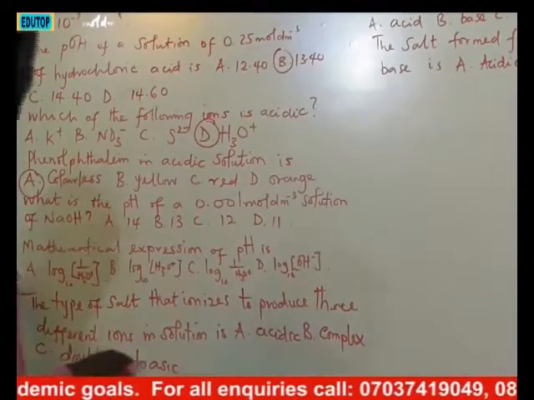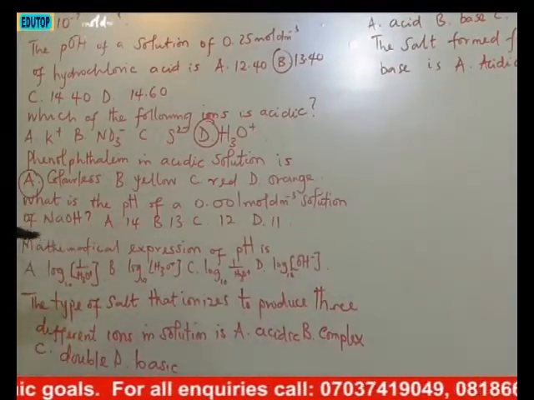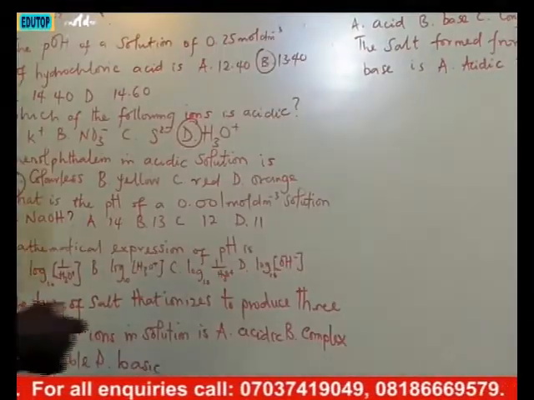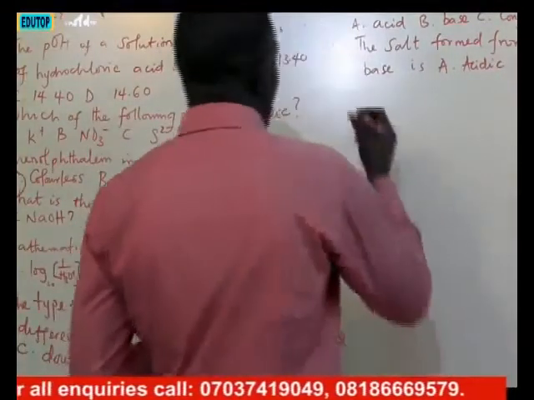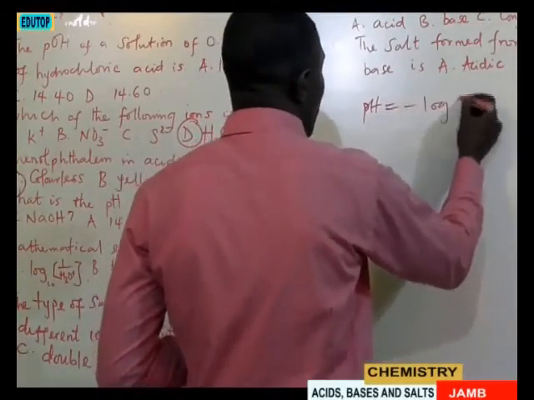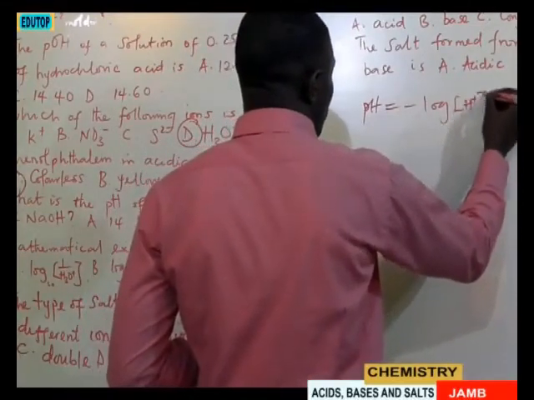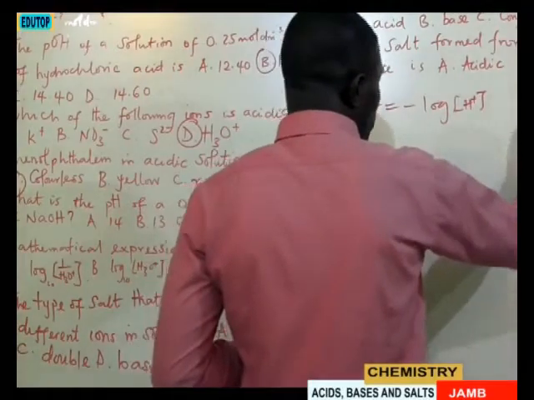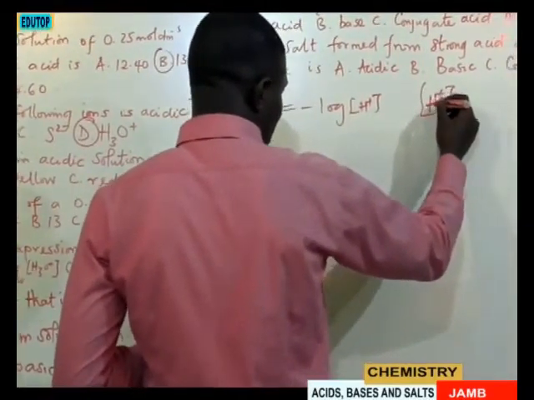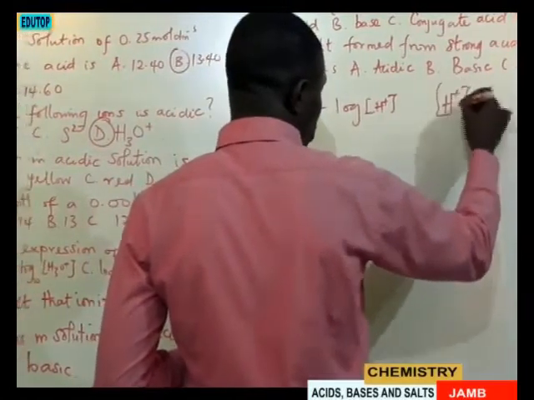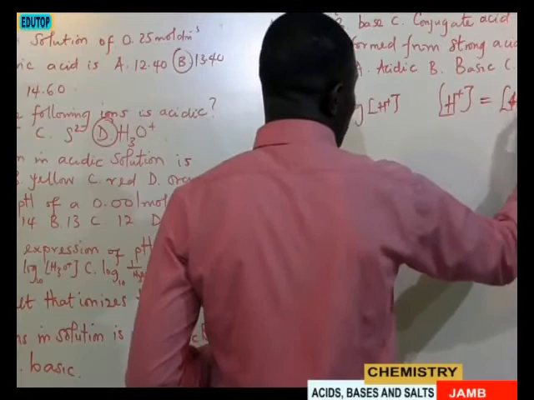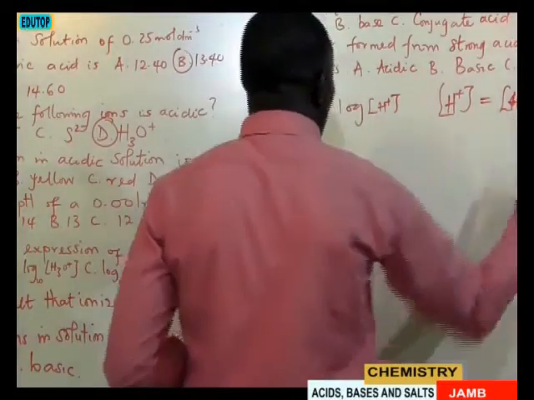Now, question 6, mathematical expression for pH. We know that pH is the negative logarithm of hydrogen ion concentration. It should be borne in mind that the concentration of H plus can also be written as H3O plus, in terms of hydronium ion.